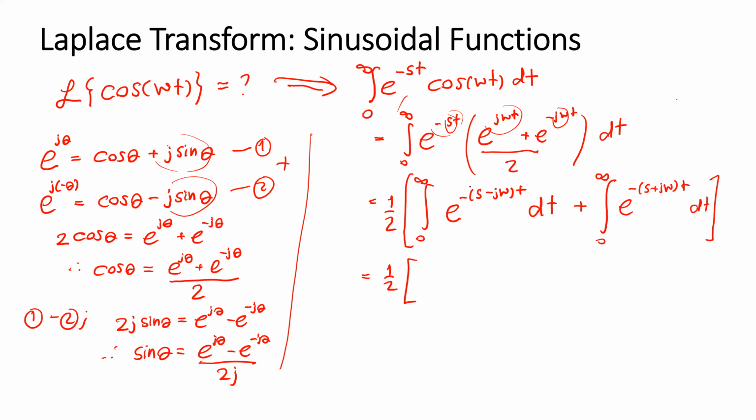E power a constant multiplied by t. The integration is going to be e power minus (s minus j omega) t divided by the constant, and don't forget the limit of integration from 0 to infinity.